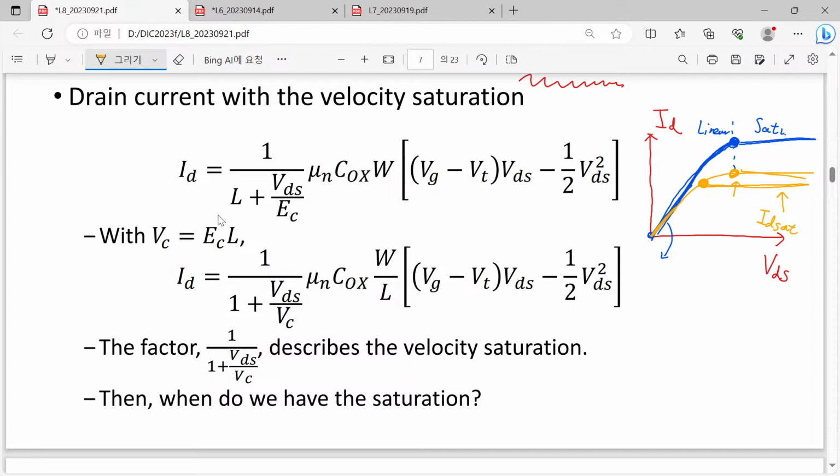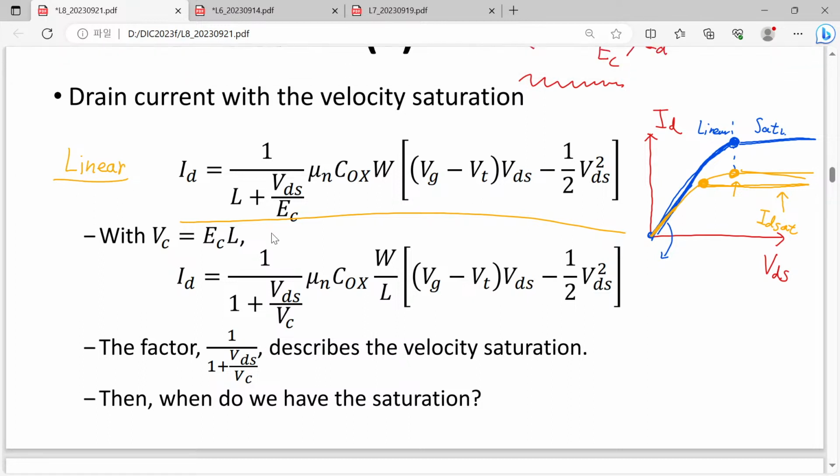Okay, so let me just estimate this expression. Now we can write down the ID, but this is only good for our linear expression. So now let's say critical value here.